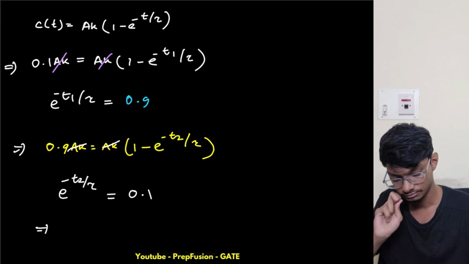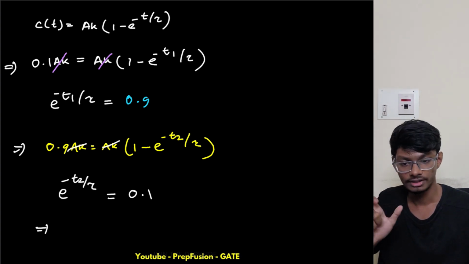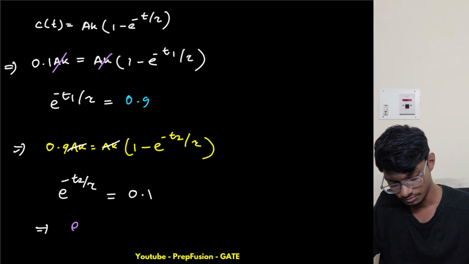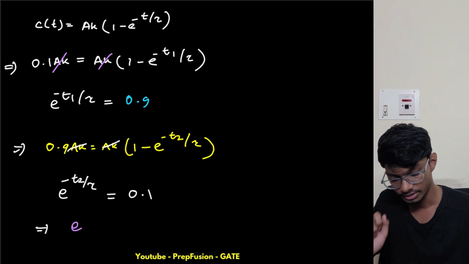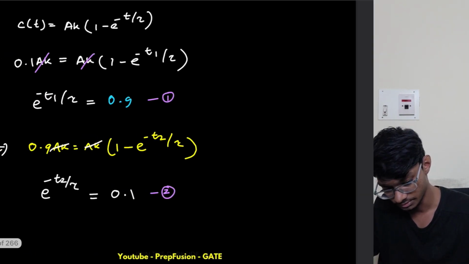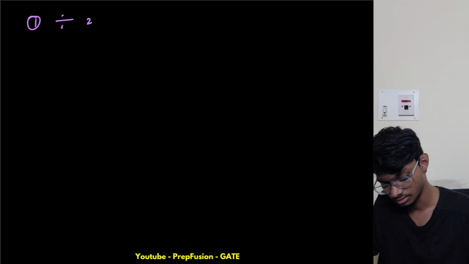So now, what I can do is divide these two. Let's call these 1 and 2, so I divide 1 by 2. What do you get?